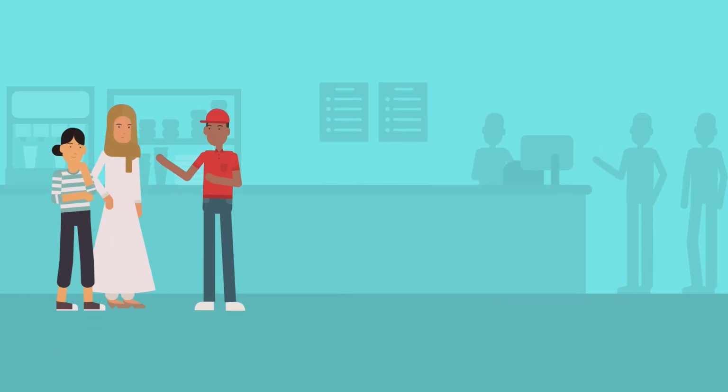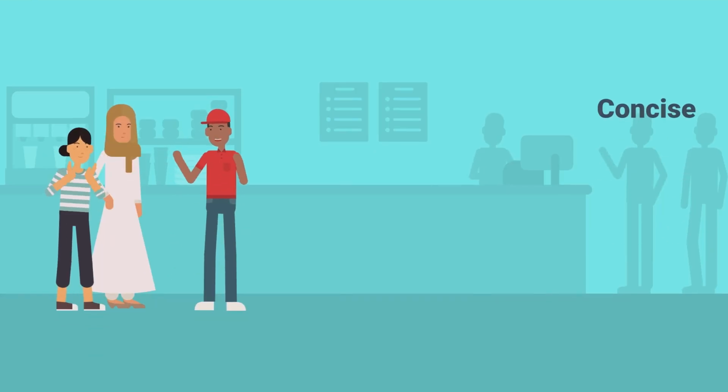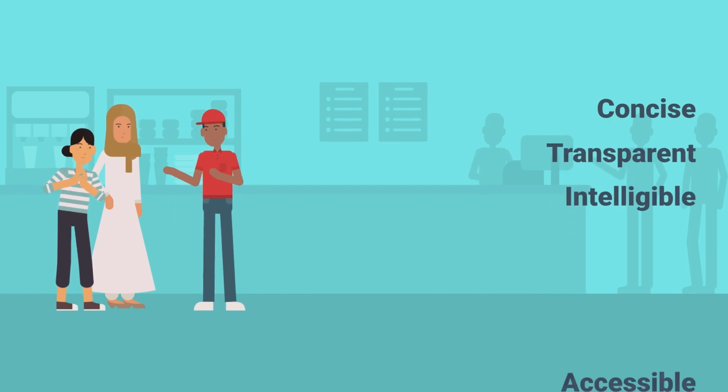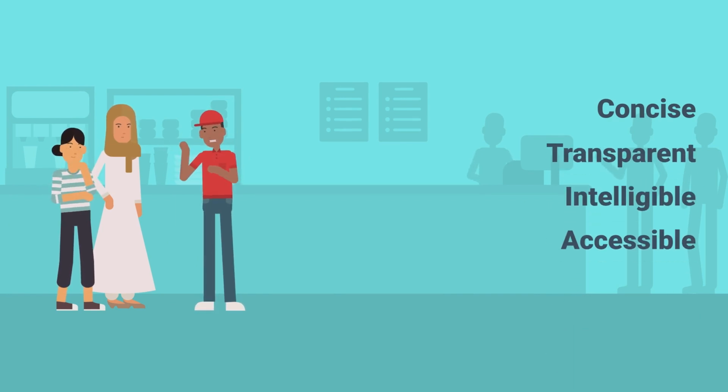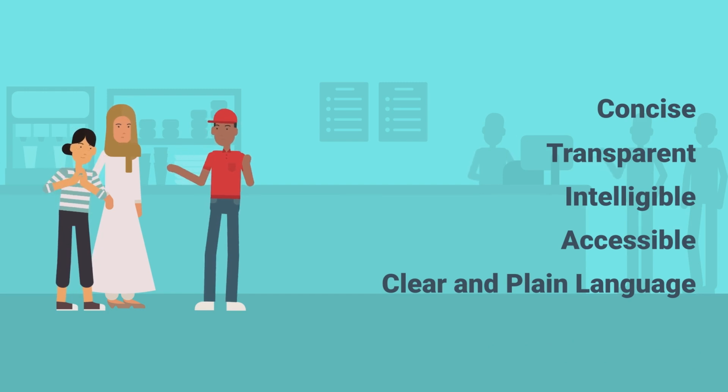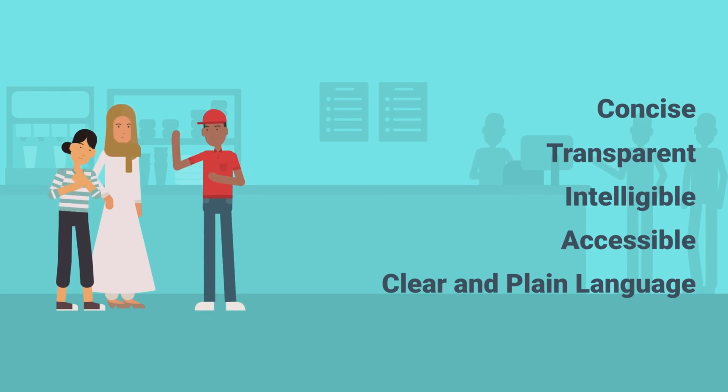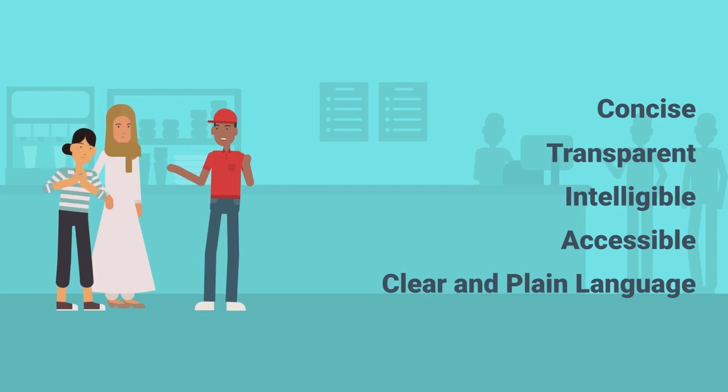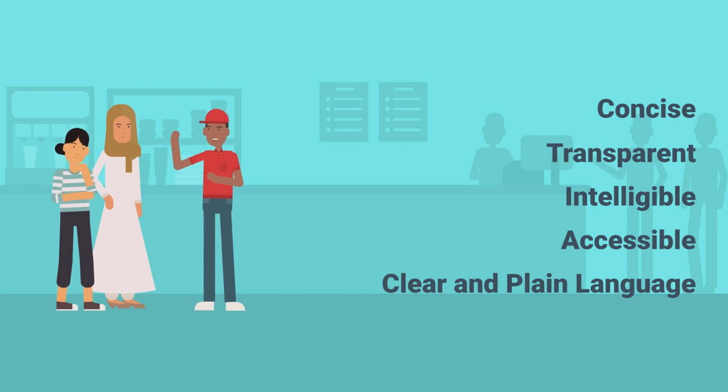The information must be presented in a concise, transparent, intelligible, and easily accessible form, using clear and plain language that the data subject understands, especially when the data subjects are children or other vulnerable groups.